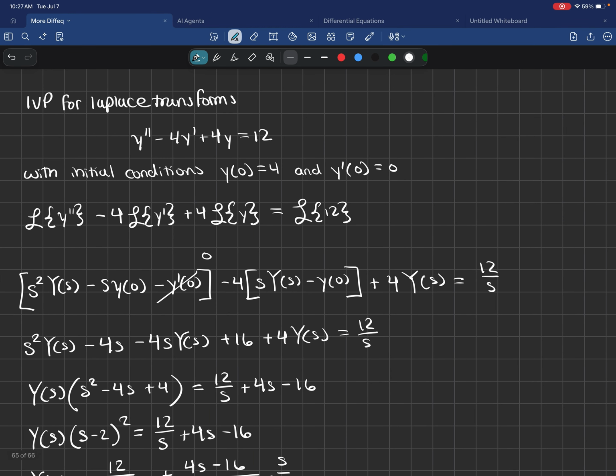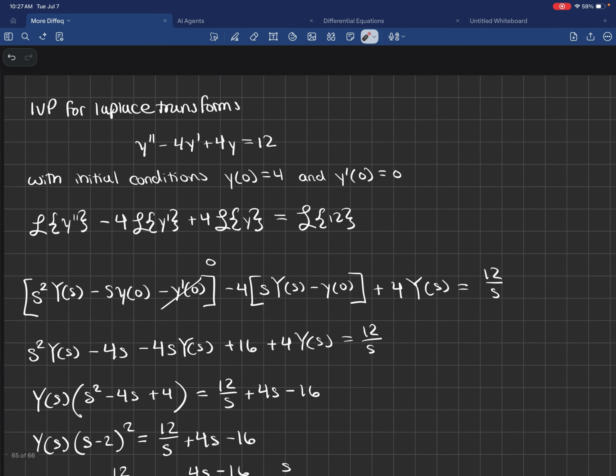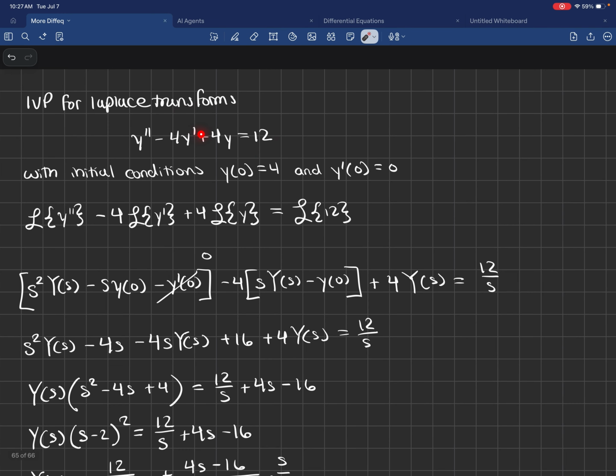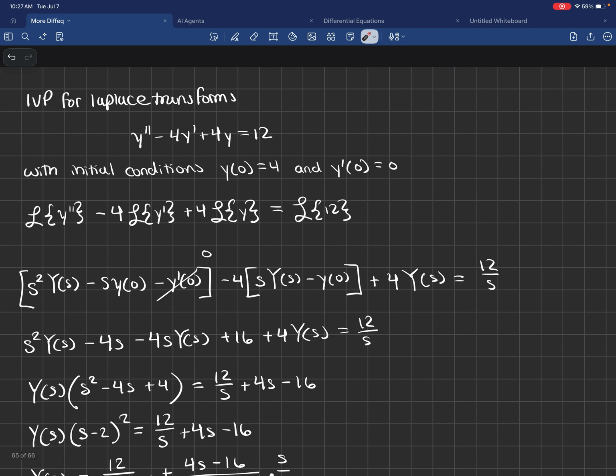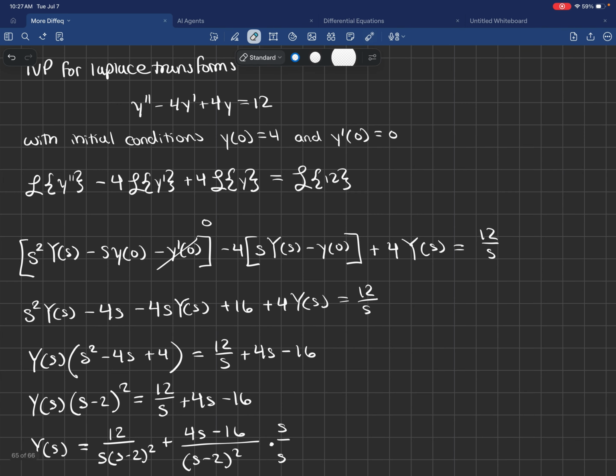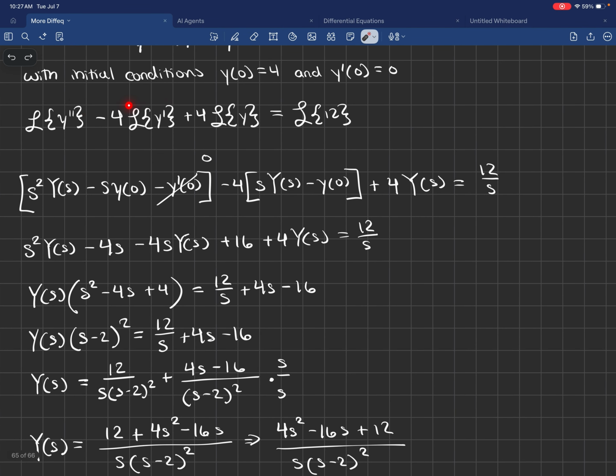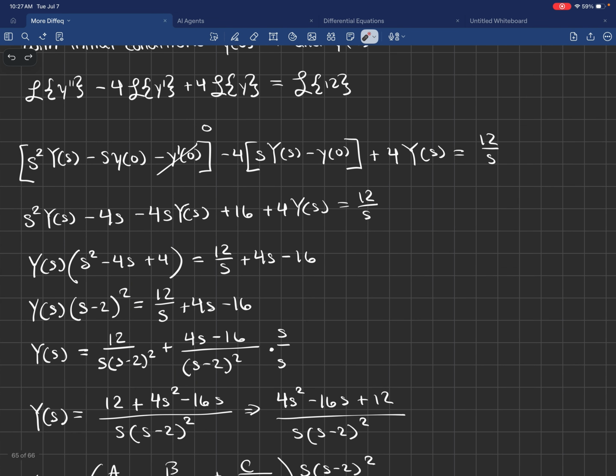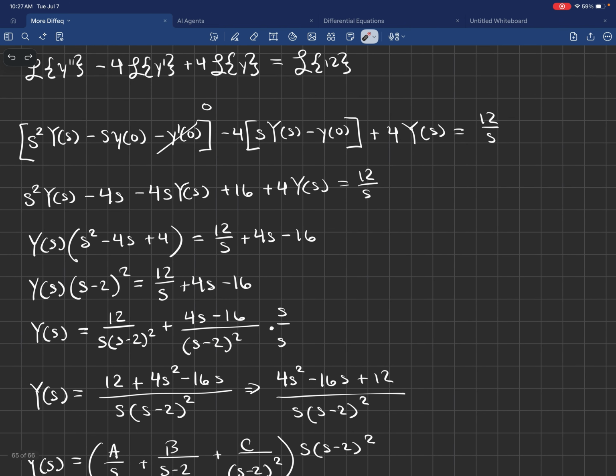So I just want to run back through what we did. We have this IVP, and we have our initial conditions. The first step for IVPs is taking the Laplace of everything. We all have formulas for these, and with experience and practice, you should probably have some of them memorized for speed on the exam.